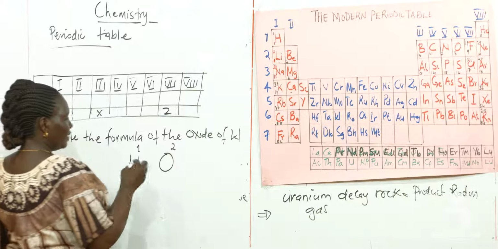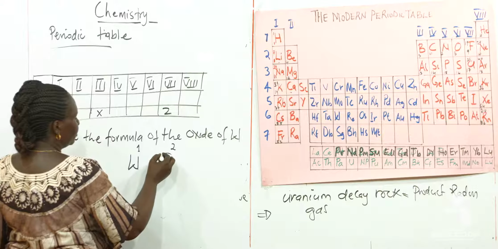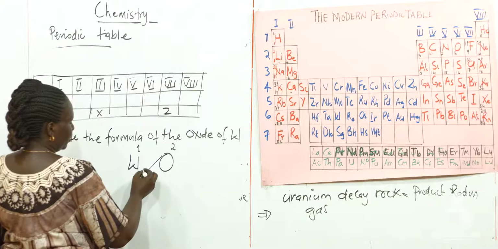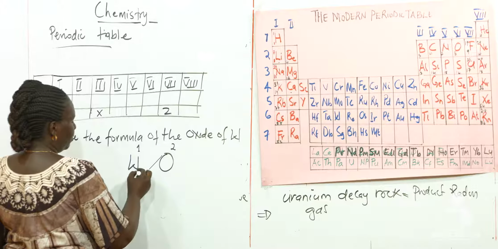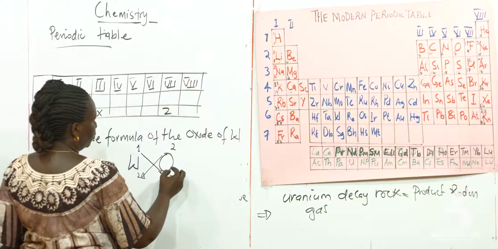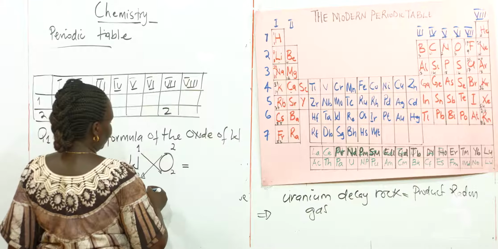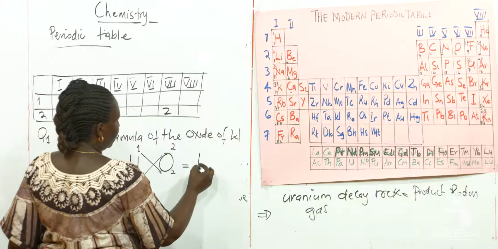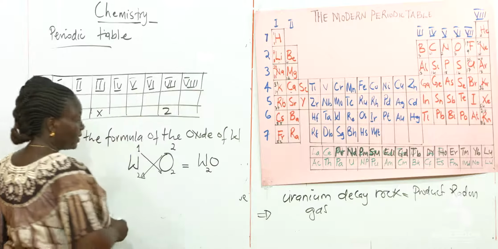Then in the second step we exchange the valencies. We bring the valency of oxygen to W and the one of W to oxygen. So the oxide that we have will be W2O.